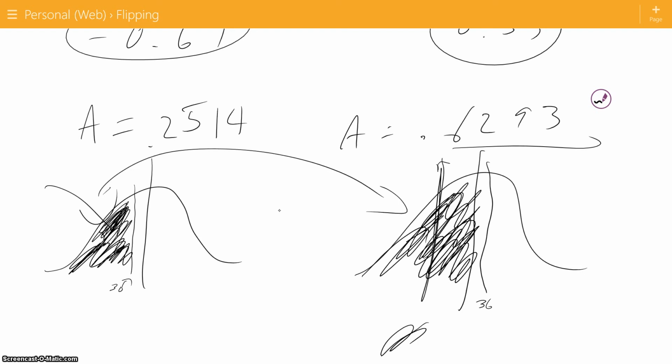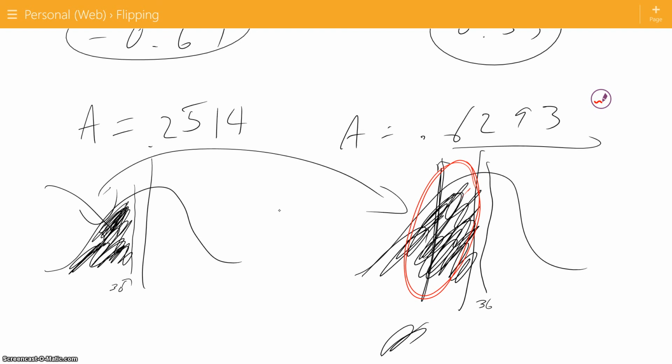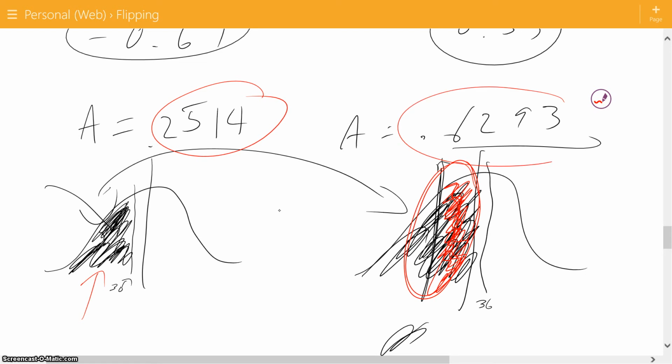So what I'm going to do in order to figure out the area, all I'm really concerned about is, let me change colors here, this area right here in between. So to get just this red part, I'm going to subtract this, which is my 0.2514, from 0.6293 so that I don't count the same thing twice.